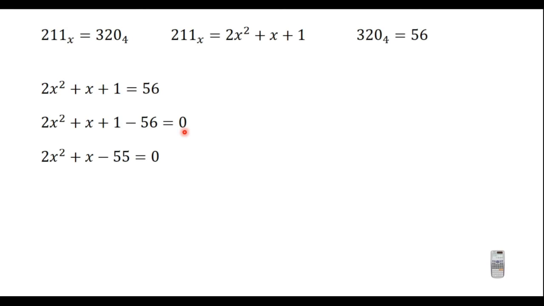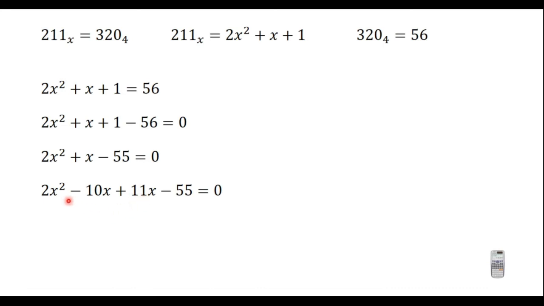Once again, if you watch the video on solving quadratic trinomials in the videos on algebraic expressions, you understand how to break this down. So in breaking this down, we are going to have 2x squared minus 10x plus 11x minus 55 is equal to 0. Watch the video on solving quadratic trinomials and you see how we got negative 10x and positive 11x here.